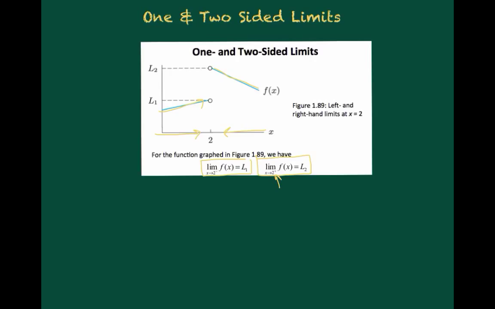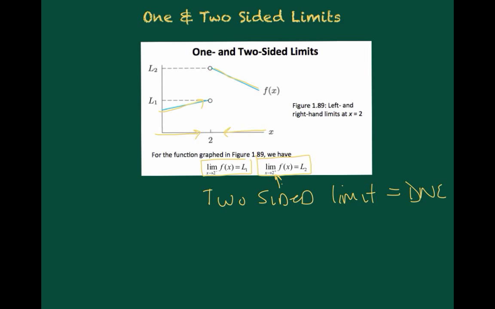So we would say that the two one-sided limits are L1 and L2, but the two-sided limit does not exist. And that is because the two limits are not the same. Now that's very important, and has important consequences coming up as we start to talk about the idea of continuity. The two-sided limit only exists when the two limits coming from either side are the same.